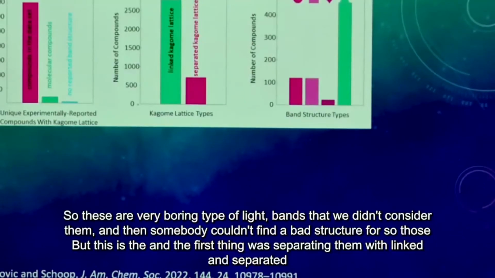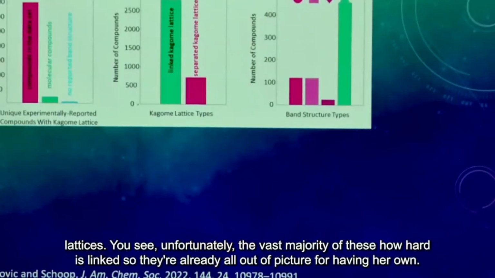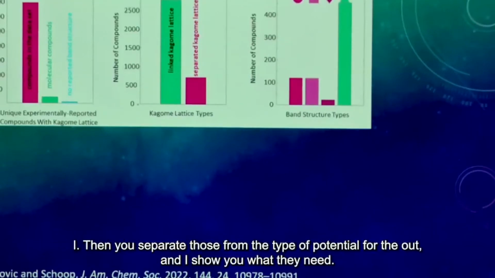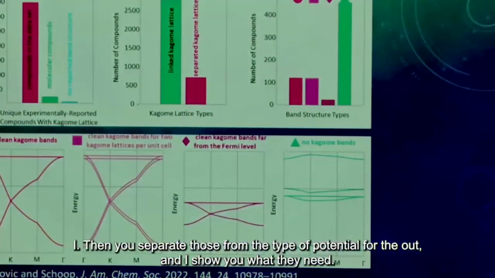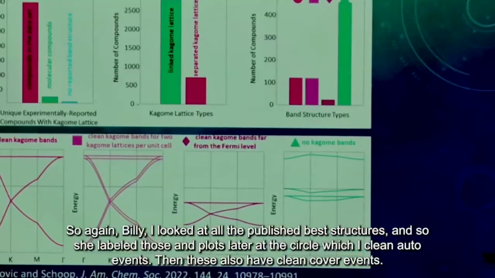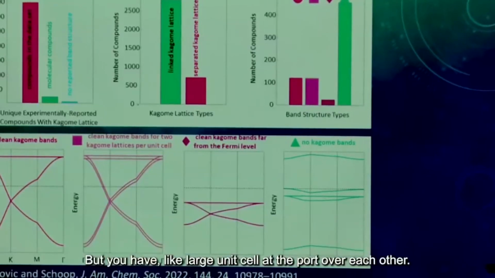Then the first thing was separating them into linked and separated lattices. You see, unfortunately, the vast majority of these compounds is linked, so they're already all out of the picture for having carbonate bands. And then you separate those which have potential further out. And I'll show you here what they mean. Again, Milena looked at all the published band structures. She labeled those with a circle which have clean carbonate bands.